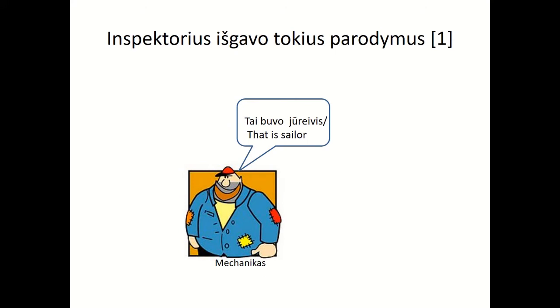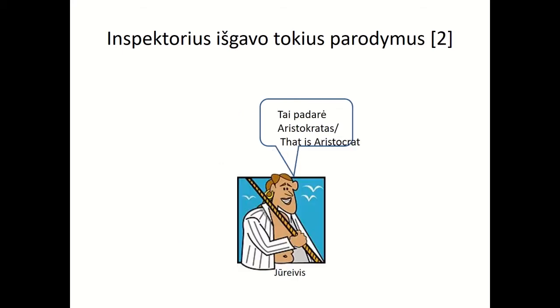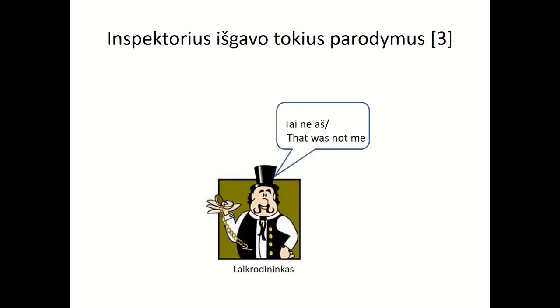As you remember, we had testimonies saying that it is the sailor whose fault it was. Another was that it is the aristocrat. The watchmaker said that it was not he, so that was not me.